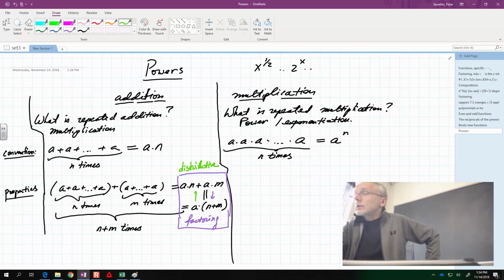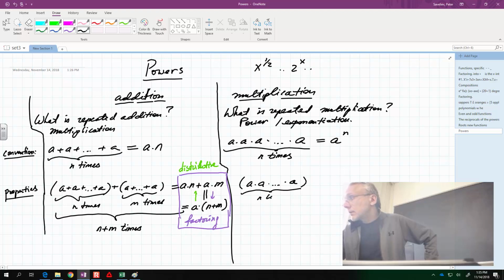Now we apply the same idea to the second column, to multiplication. We'll be looking at repeated multiplication. Everything is exactly the same. I take a multiplied by itself first n times, and then also m times.